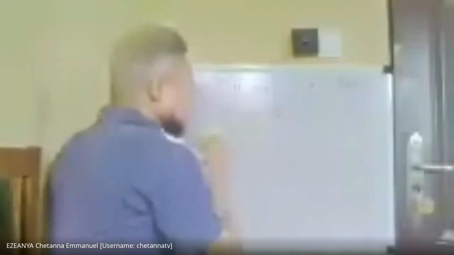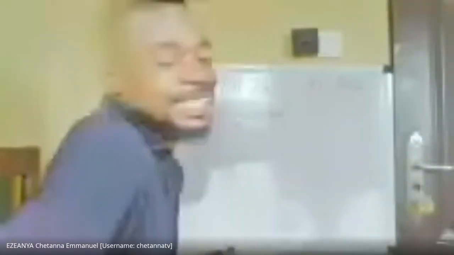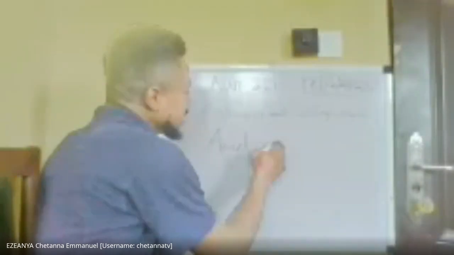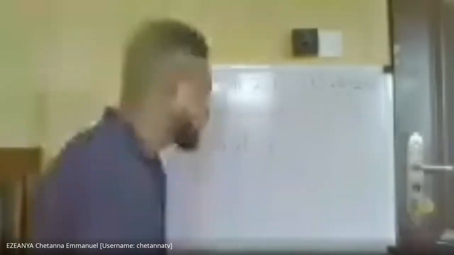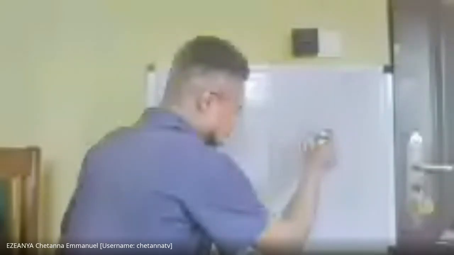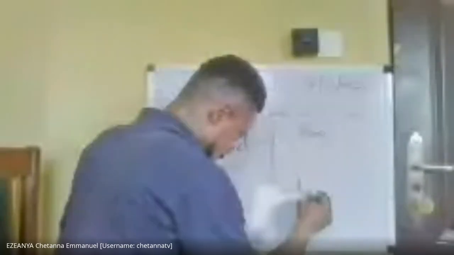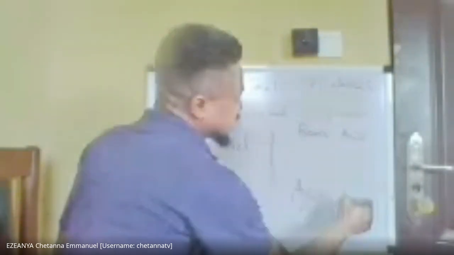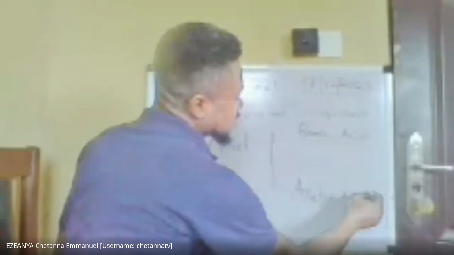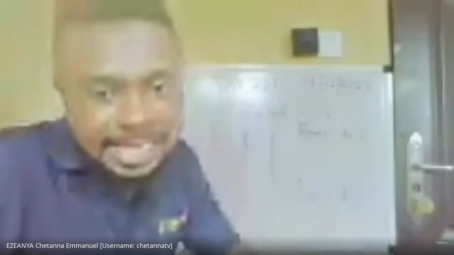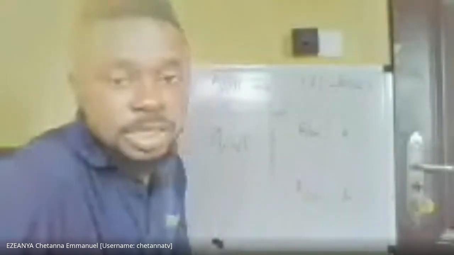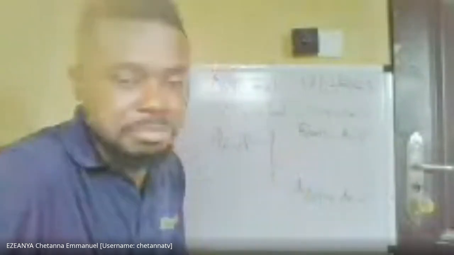Now, let's go to the next class. Next class, we have the acids. Under acids, we have our boric acid and our acetic acid. We have boric acid and what? Acetic acid. So these ones, to some extent, they can be bacteriostatic.